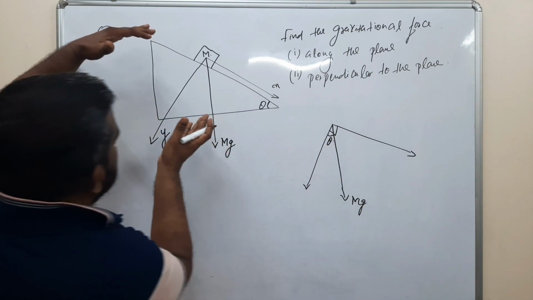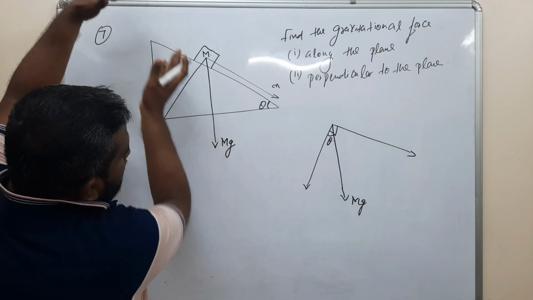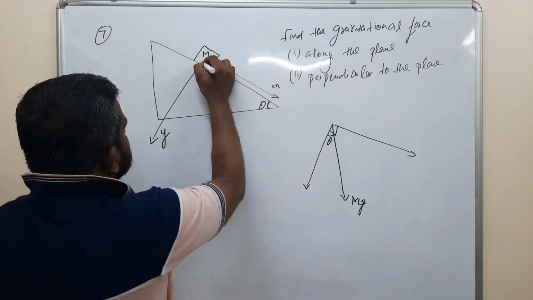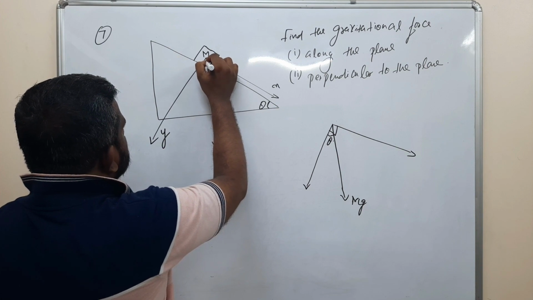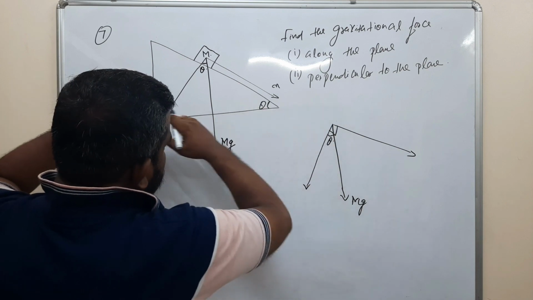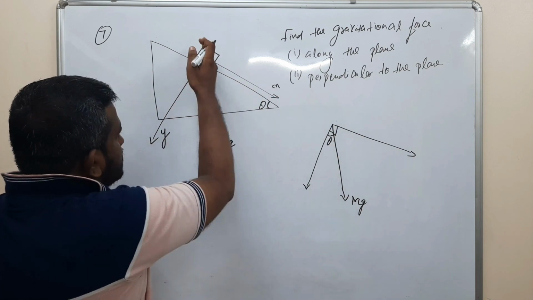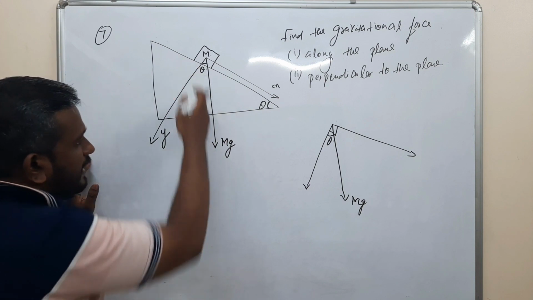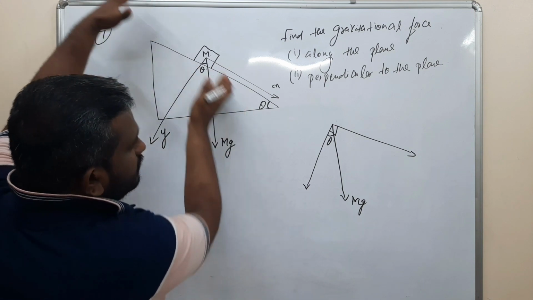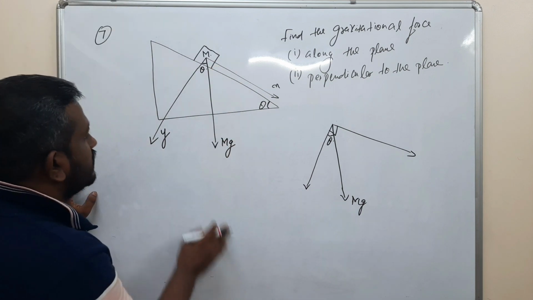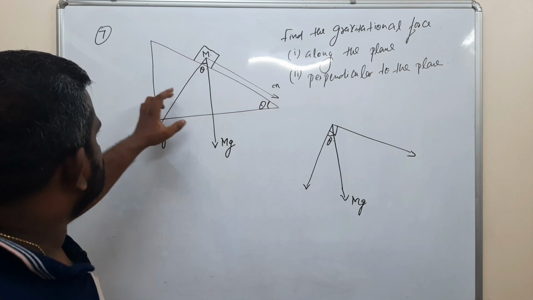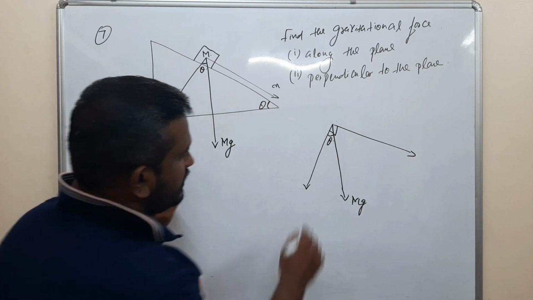So how much is the plane elevated from the horizontal? Theta angle. So definitely this angle is theta. In the horizontal case, the y-axis is aligned with this axis. When the plane is elevated through an angle theta, this axis will be moved by that much angle.